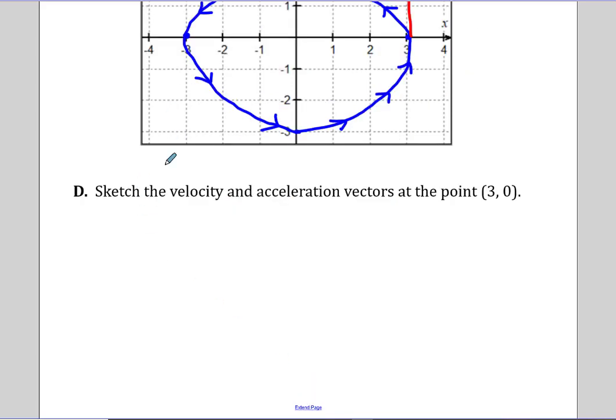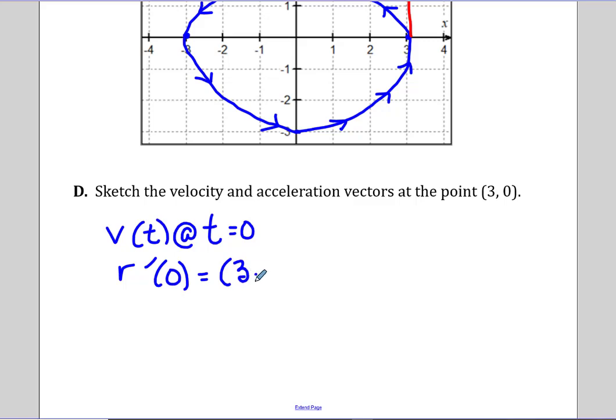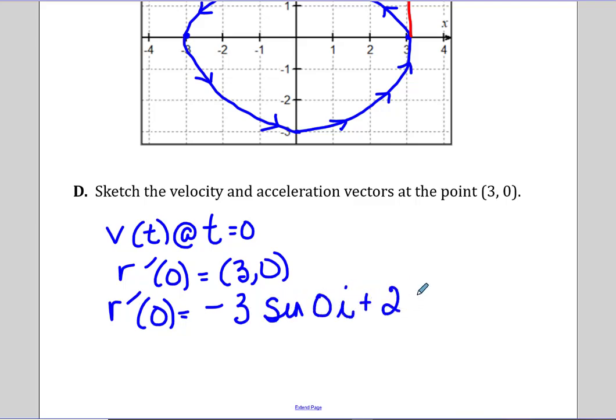So the velocity at time equals 0 is r prime of 0, which is -3 sine 0 in the i direction and 2 cosine 0 in the j direction. So the velocity at 0 is 2j.